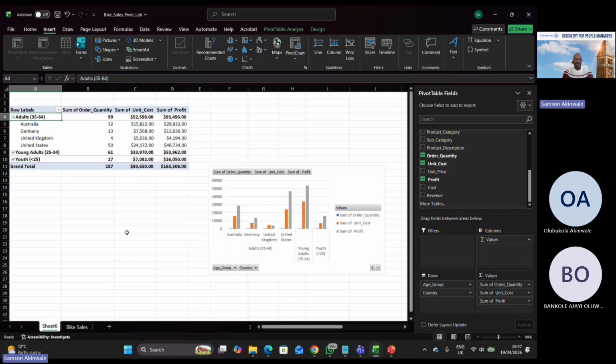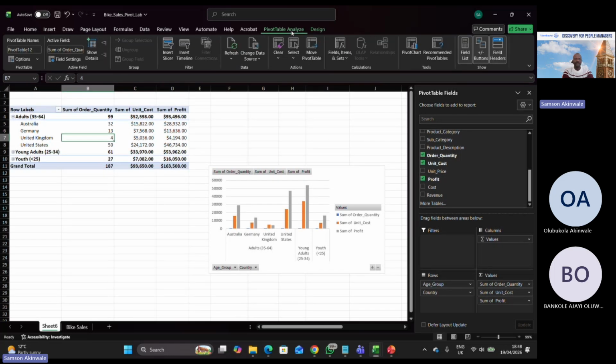Later on, we will still deal with more charts, but this is for pivot table, and it comes with its own chart. We call it pivot chart. The moment you click on pivot table itself, you are able to figure out where to pick a pivot chart. You click on the pivot table, click on pivot table analyze on the ribbon, then check down on the sub menu of the ribbon.